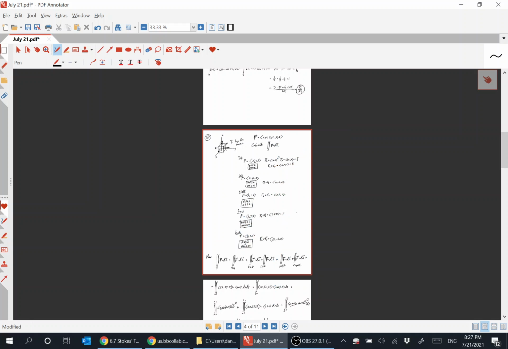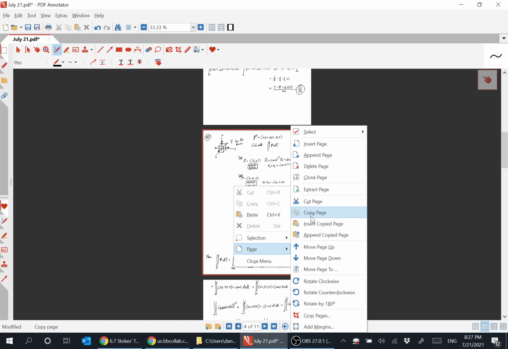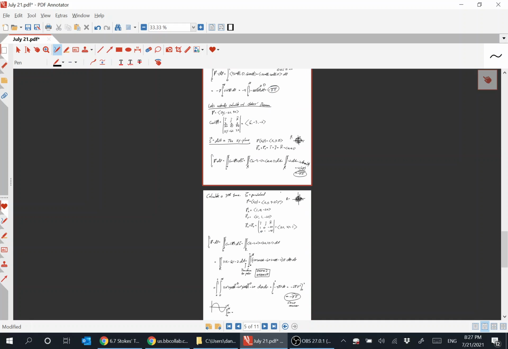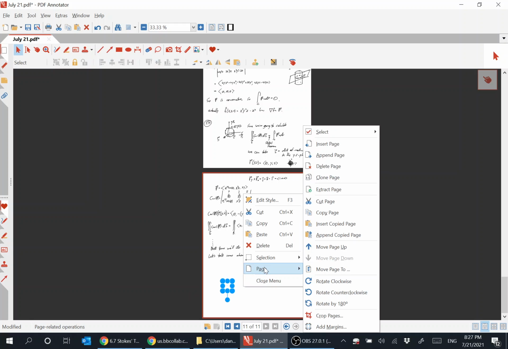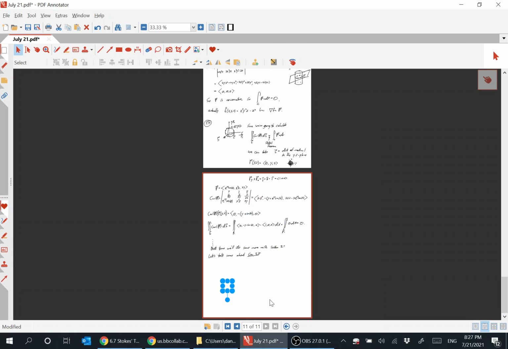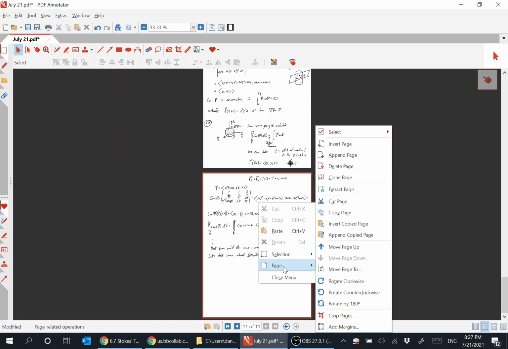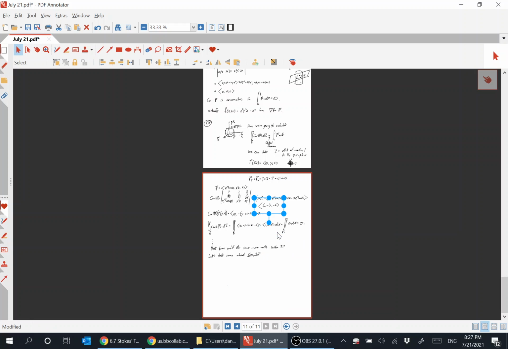Oh, yeah, copy page. Paste page. No, paste.